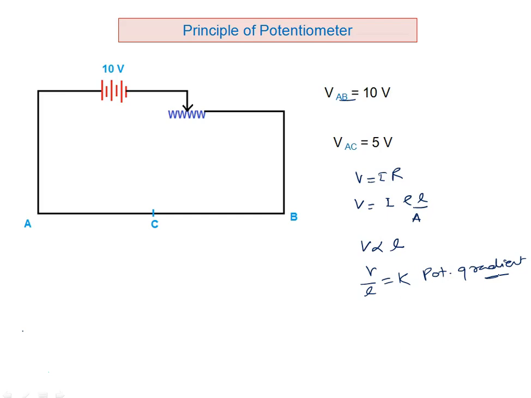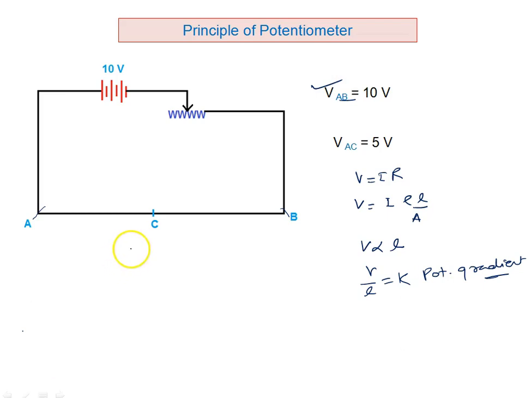Practically, suppose there is a battery of 10 volt connected across A and B, this is the resistance conductor AB, and all these connecting wires do not have any resistance. If I ask you what is the potential difference or voltage across A and B, you will say it is 10 volt.